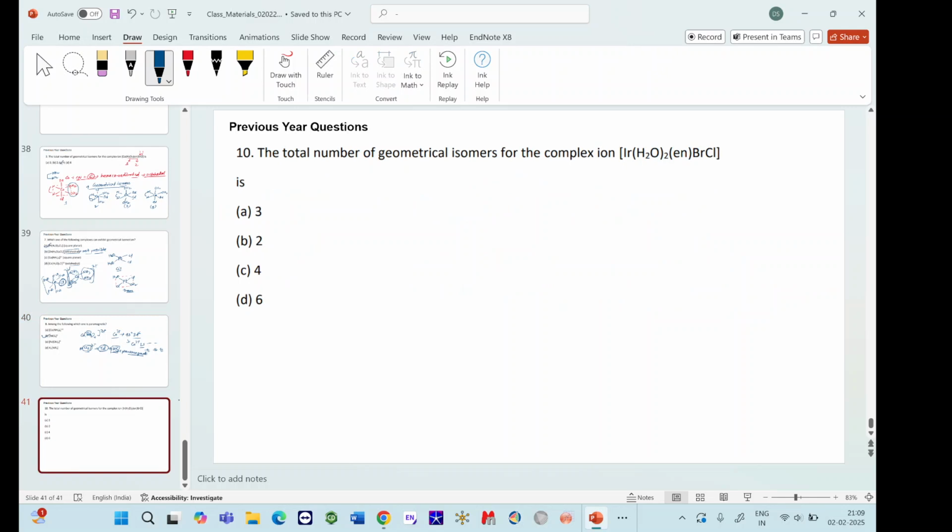This is the last question. It says the total number of geometrical isomers for the complex with iridium, H2O, ethylene diamine, Br and Cl. So can anybody tell what will be the answer for this one? I think this is similar to the first question that we have discussed.